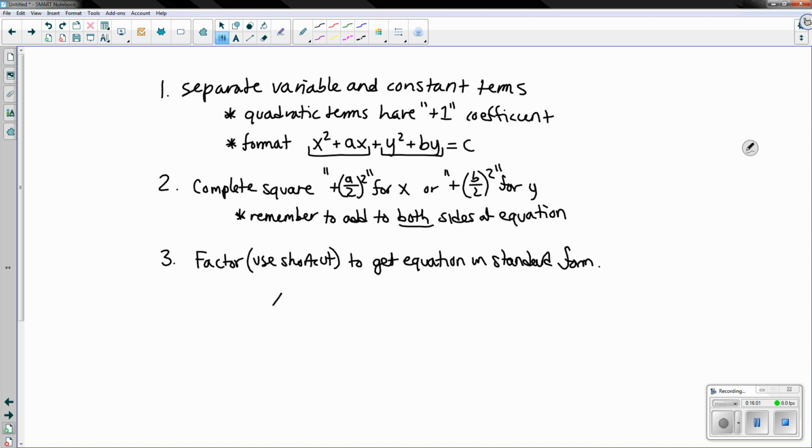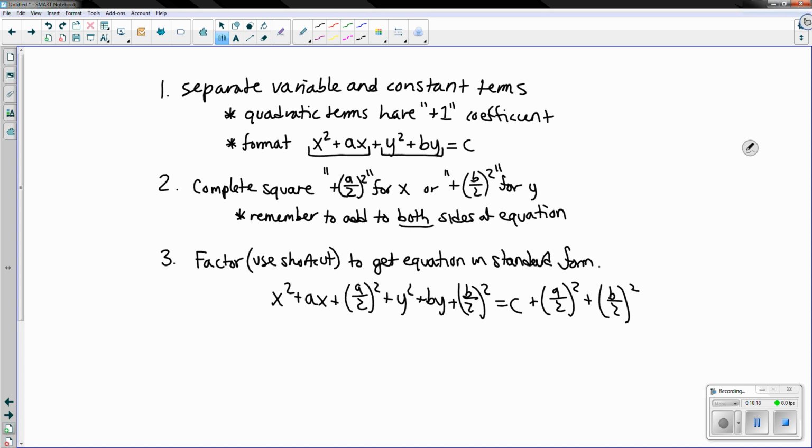So once you have x squared plus ax plus a over 2 squared plus y squared plus by plus b over 2 squared equals c plus a over 2 squared plus b over 2 squared. So I'm adding it to both sides. So here's our completing the square part.